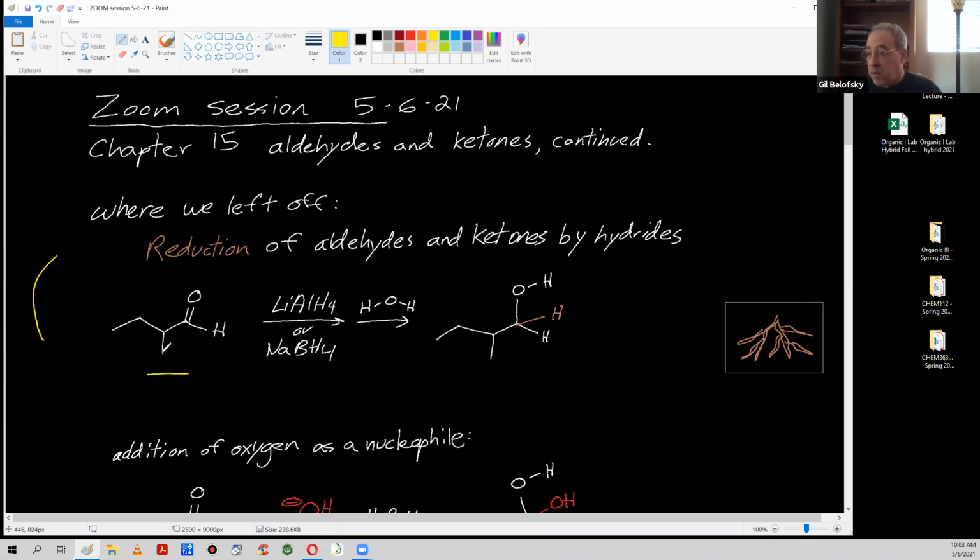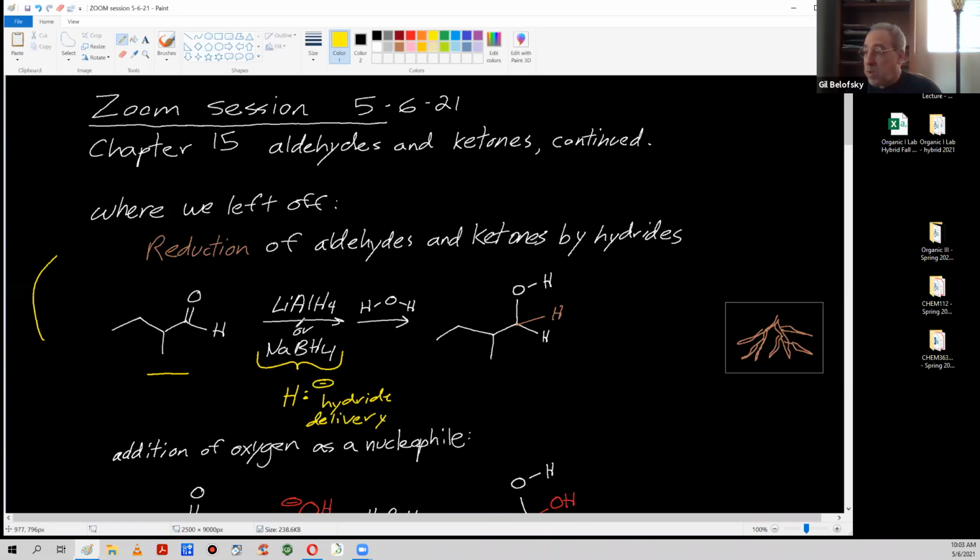So here's an aldehyde. These are the reduction conditions. When you see lithium aluminum hydride or sodium borohydride, you can think of it as like a hydride delivery system. Hydride delivery.